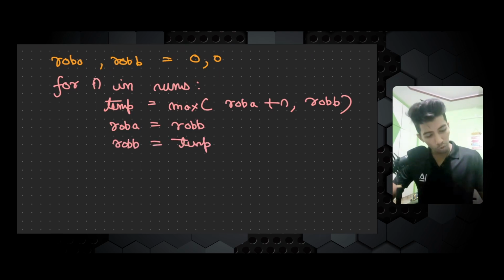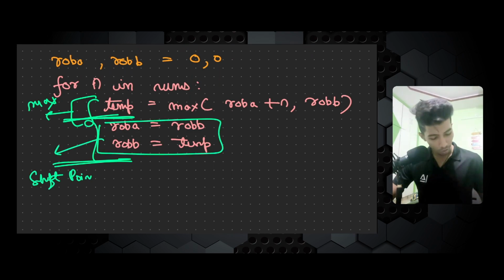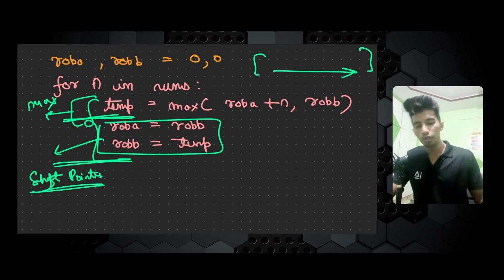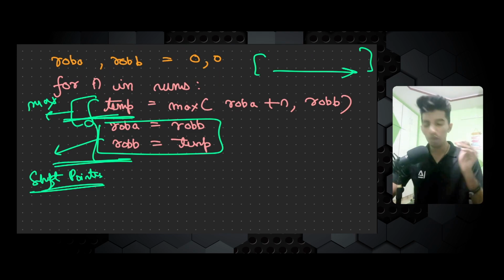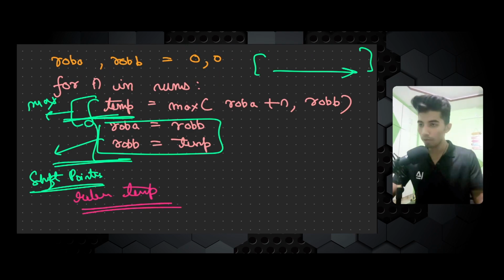This will find the maximum, and by using these two statements I will shift the pointers. You can understand it this way, because in the array we will eventually go in the further directions. So this statement will contribute there, and after doing this I will return the temp as my answer, and this will solve my problem.